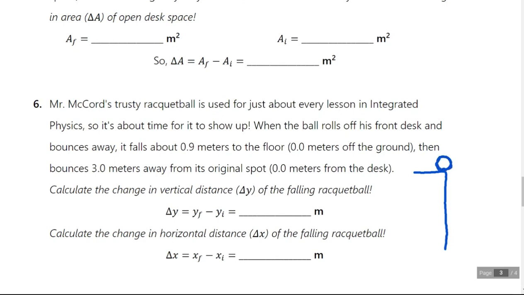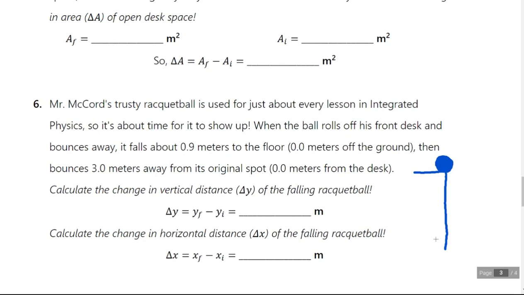So if you imagine that the ball is up on my desk originally like this. That's not a very good circle, but maybe I can kind of round it out. Okay, so there's the ball. Now, if I was smart, I'd probably use a shape to make a perfect circle, but that'll do. So our information tells us it starts about 0.9 meters off the floor.